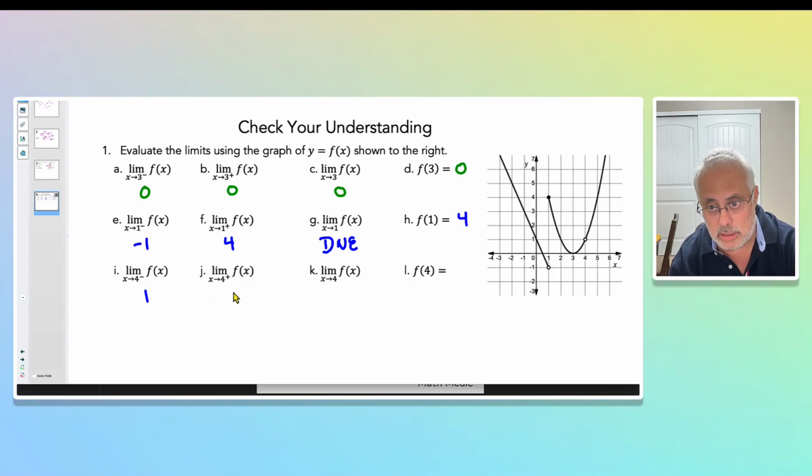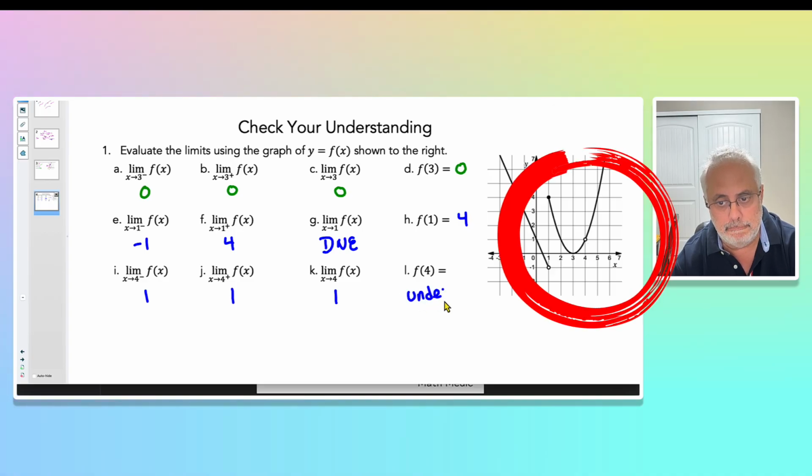From the right, when x approaches 4 from the right, the limit is also 1. So because the two side limits are the same, the limit exists at x equals 4 and is equal to 1. And when you evaluate the function at 4, it's undefined because we have a hole. So we put here undefined.